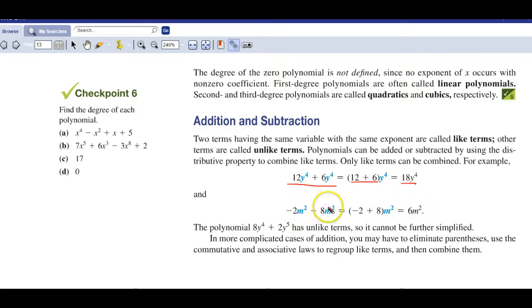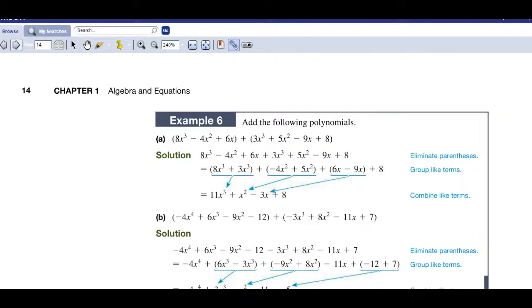And again, these are like terms. The variable and the exponents are the same. So we just add the numerical coefficients, which gives us this. Now again, if I were a student, I would look for a way to do these with some success.